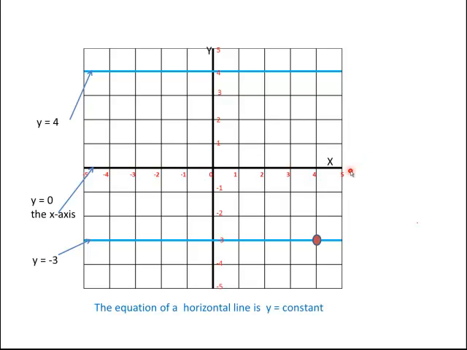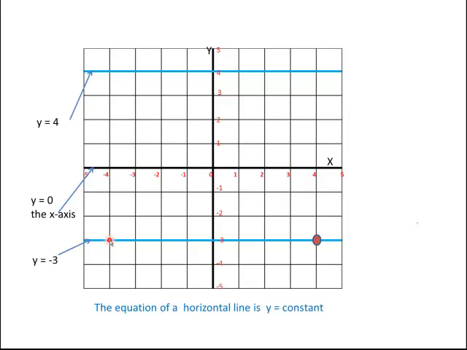Remember that the x-axis has equation y equals 0, and the horizontal line through our red point hits the y-axis at the number -3. That tells you that this whole horizontal line has equation y equal -3, and that means that every single point on it has y coordinate -3. Even though it's not actually drawn, let's just make sure.